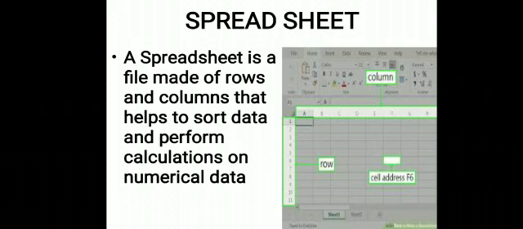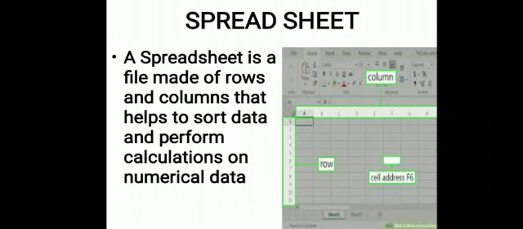See here the numbers 1, 2, 3, 10. These are rows, and here A, B, C, D are columns. So this is the difference between rows and columns. And what is meant by cell address F6? In the column the letter is F, and in the row the number is 6.